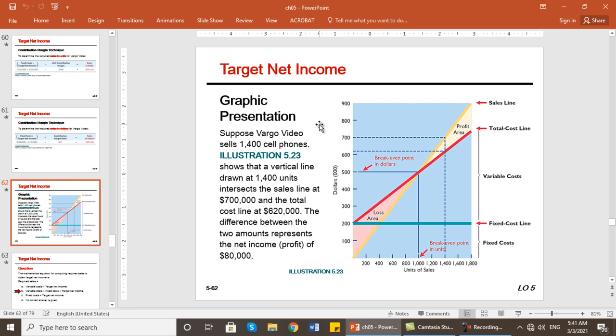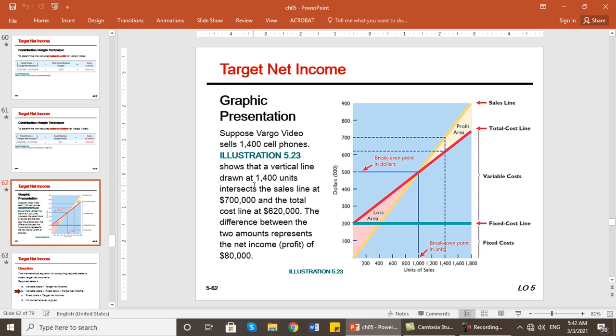Also, we can determine the sales to achieve target net income using the graphic presentation. Suppose a company sells 1,400 units.